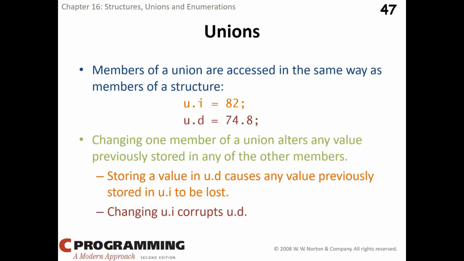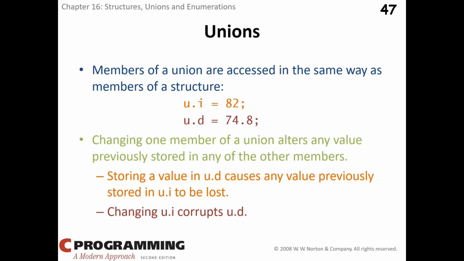And like structures, we access union members using the dot operator. For instance, if we have a union U, we can assign values to its members I and D, like the one here that we have in the slides. However, there's a crucial difference with unions. Changing the value of one member affects all other members because they share the same memory space.